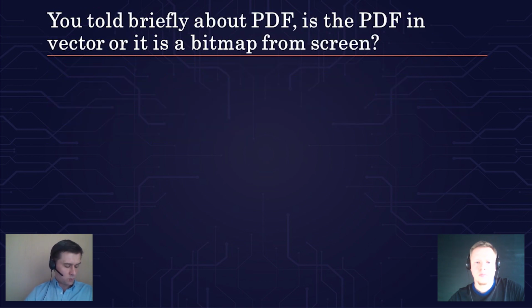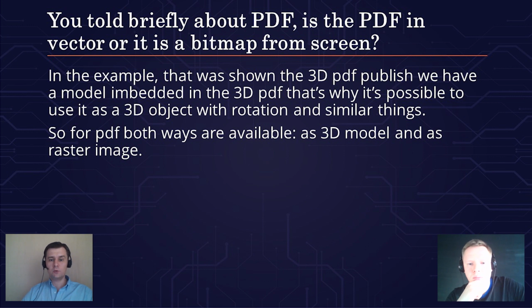And one more question, you told briefly about PDF. Is the PDF in vector or in bitmap? In the example that was shown, the 3D PDF publish, we have a PRC model embedded in a PDF document. That's why it's possible to use it as a 3D object with rotation and similar things.